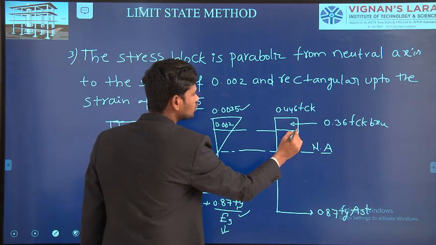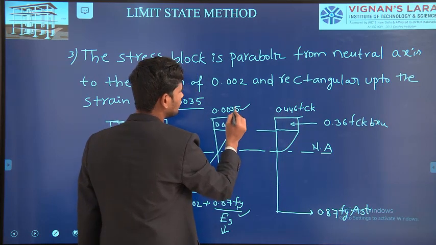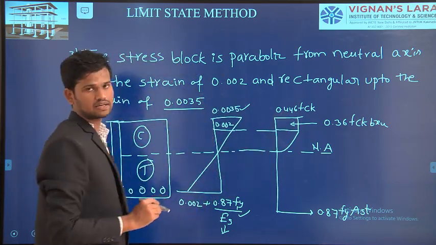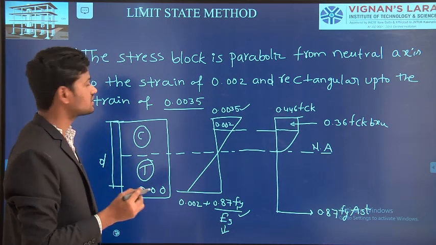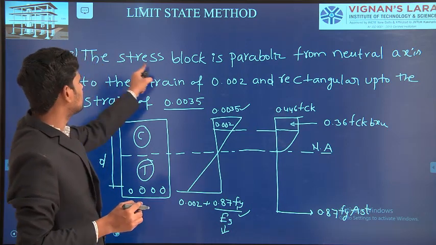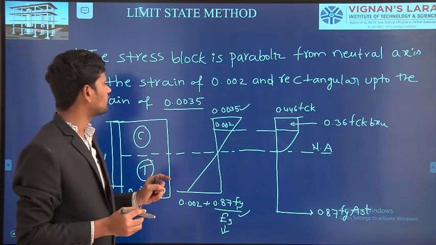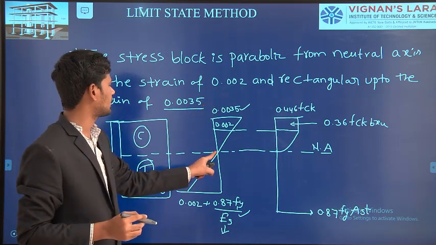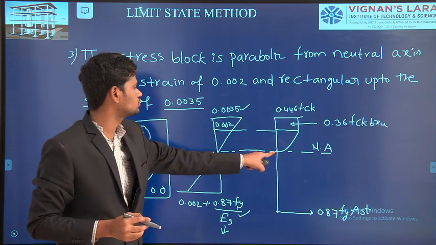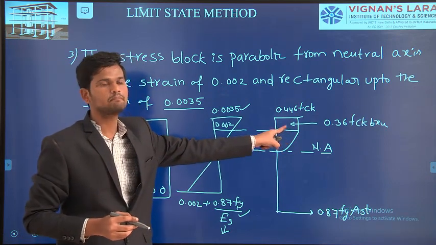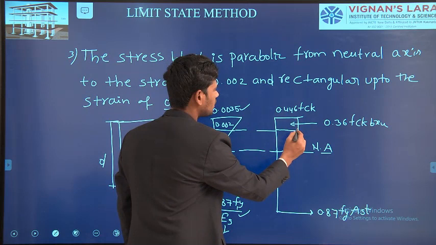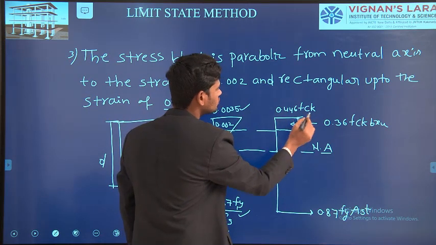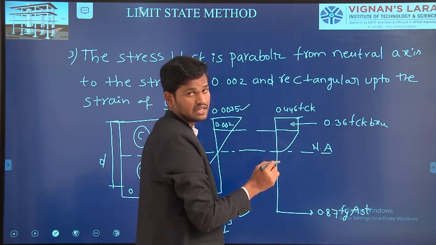Again, from 0.002 strain to 0.0035 strain we have the rectangular portion. That means the stress block is parabolic from the neutral axis to the strain of 0.002, and again from 0.002 to 0.0035 the stress block is rectangular.